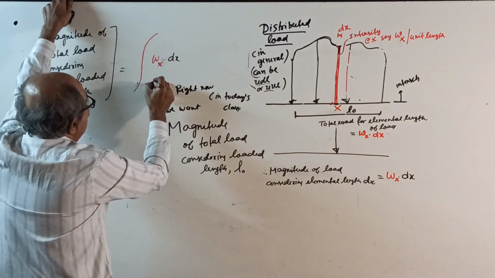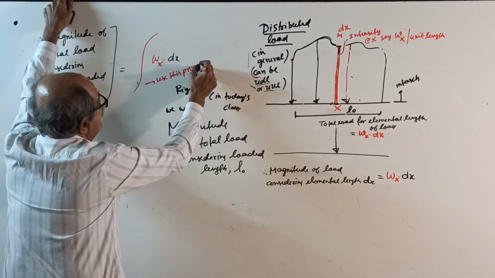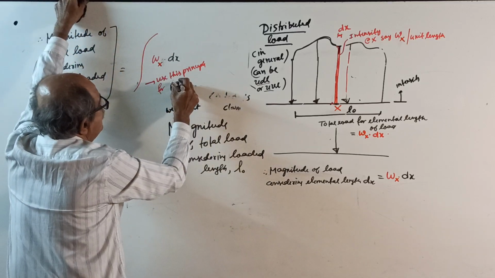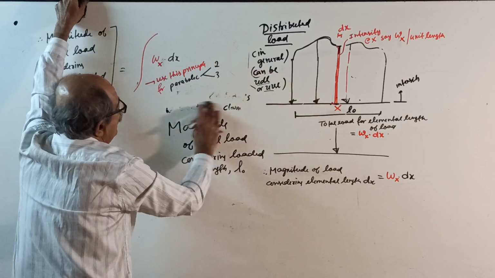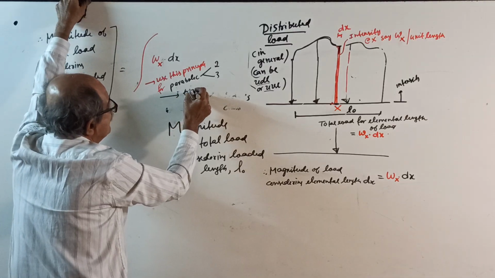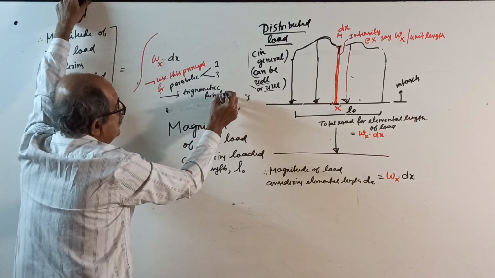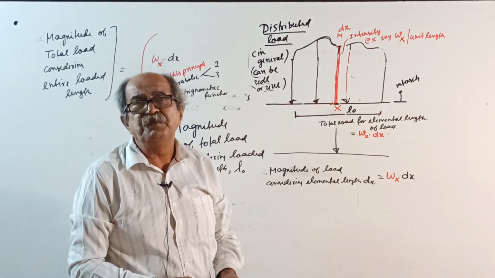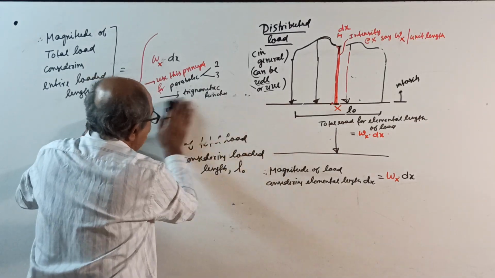Use this principle either for parabolic, or second degree or third degree, or load represented by some trigonometric function. In GATE, they will tell intensity equal to 25 into sine pi x by something, kilonewton per meter, etc. Use this one. But we will not do it this way.